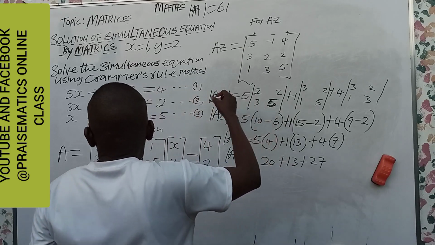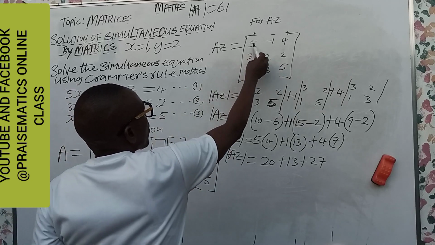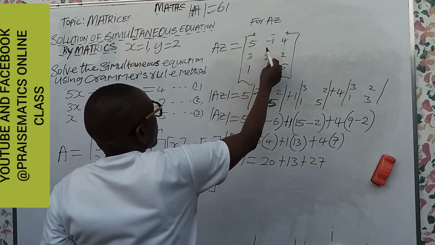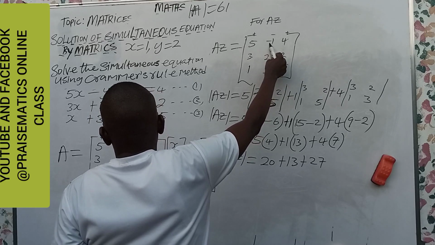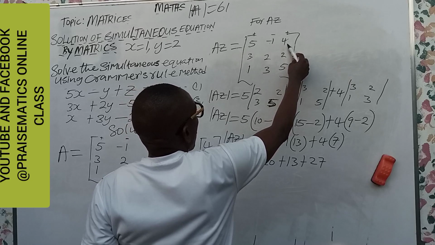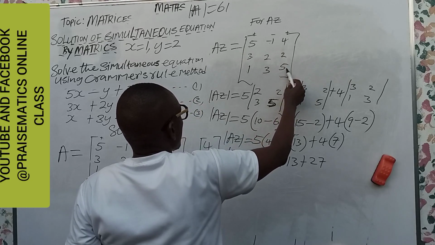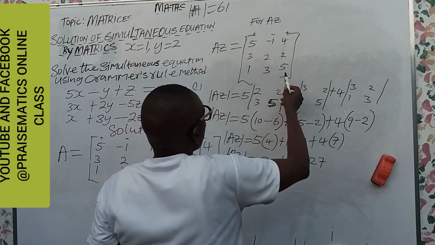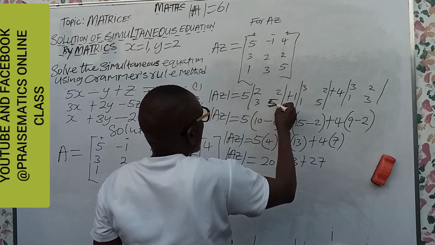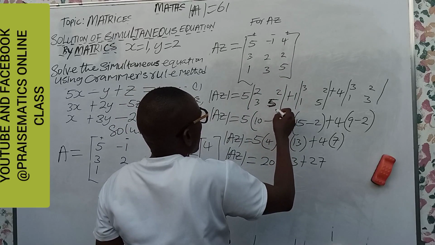Okay, we have this as 5, 1, 5, 3, 1, minus 2, minus 1, 2, 3. What do we have here? 4, 2, 5. Now hold this one, close this, we have 2, 2. This time this is 10 minus 6.